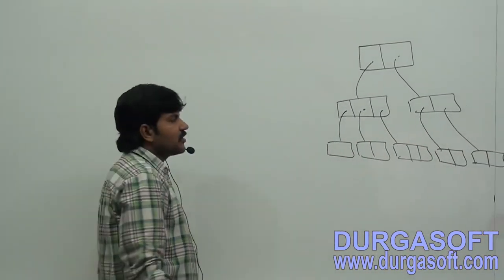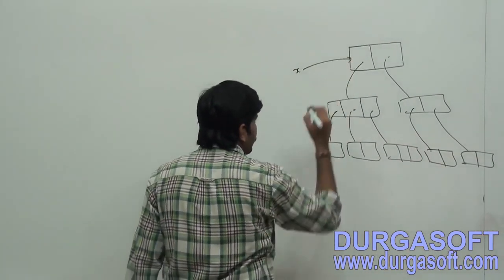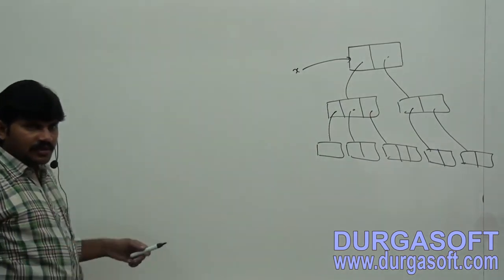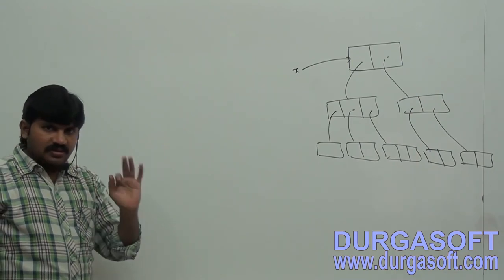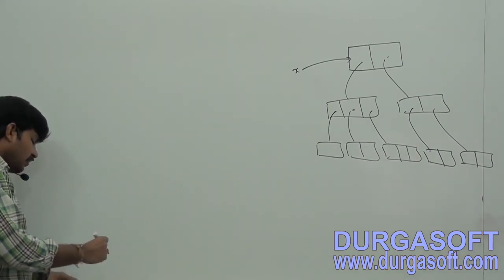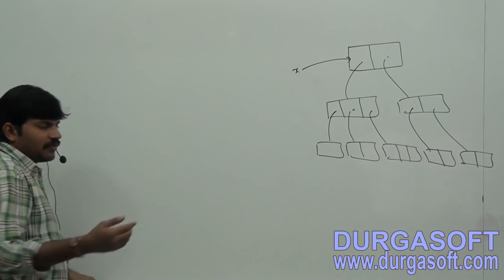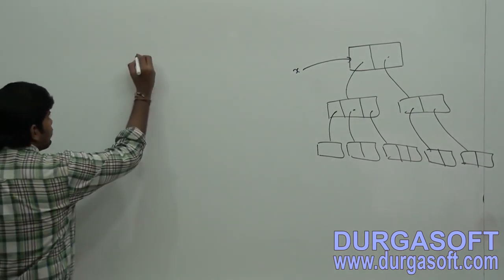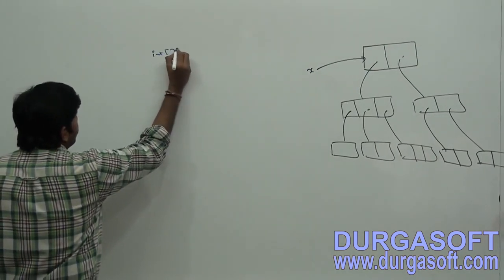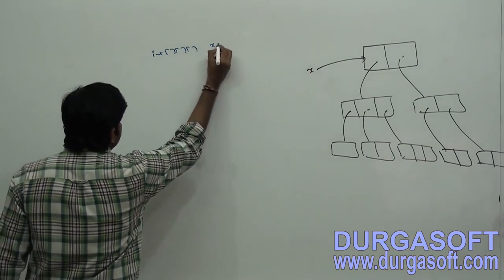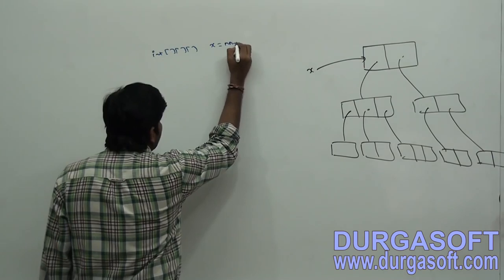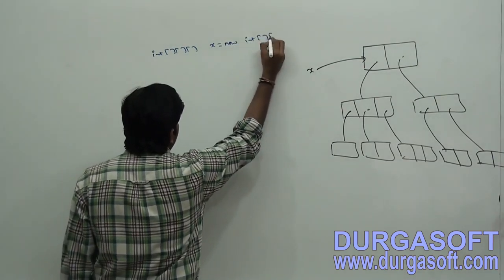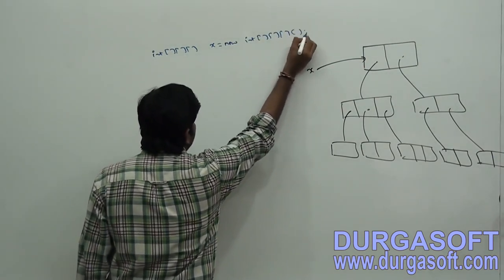Can you tell what is the dimension of this array? Array of arrays of arrays. 3 level arrays is nothing but 3 dimension, right? Can you tell how to write equivalent Java code? Very simple. Int 3 dimensional array x is equal to new 3 dimensional array like this.